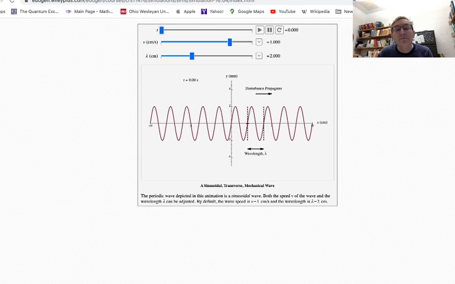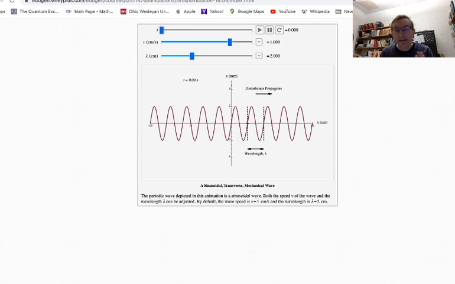It's a sine curve. At this snapshot in time, t equals 0, that is exactly a sine wave. So this snapshot graph shows us exactly what the string looks like at t equals 0. It looks like a sine wave. And that's why we call it a sinusoidal wave.